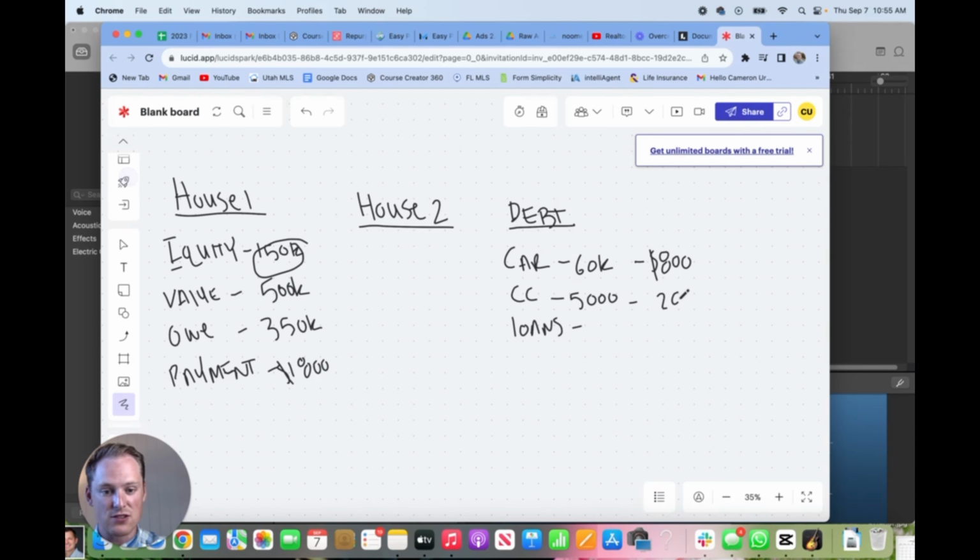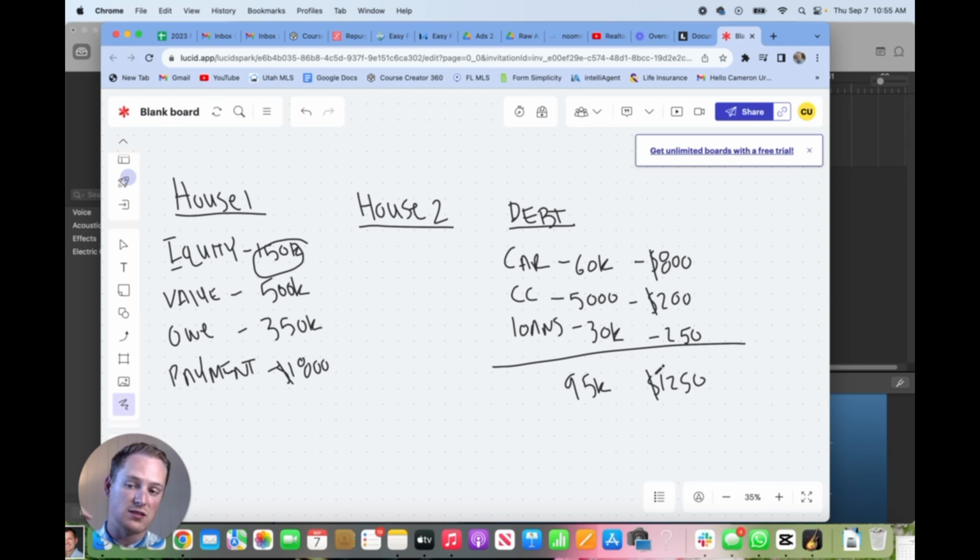This comes out to $200 in credit cards, and then let's say they have $30,000 in student loans, which is now, let's say, $250. So in total, if we were to add this up, is $95,000, or an extra $1,250 a month in payments on top of their mortgage.